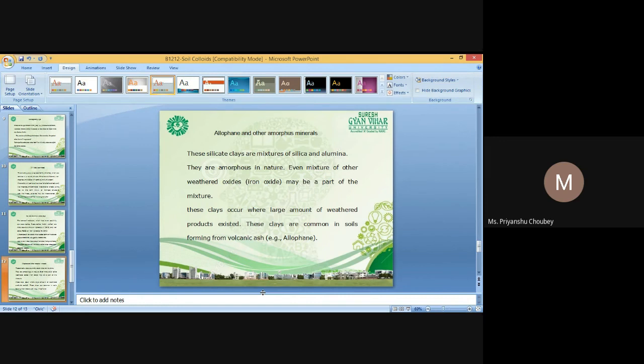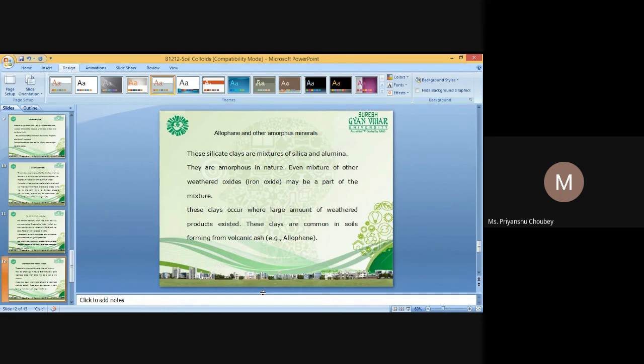Gypsic horizon, from Latin gypsum: a 15 centimeter thick horizon with gypsum enrichment. Then other horizons: Natric horizon, from natrium, sodium. Argillic horizon with prismatic or columnar structure.